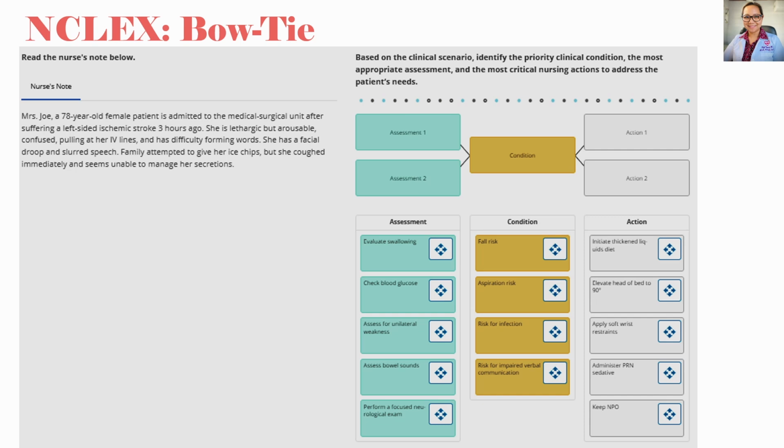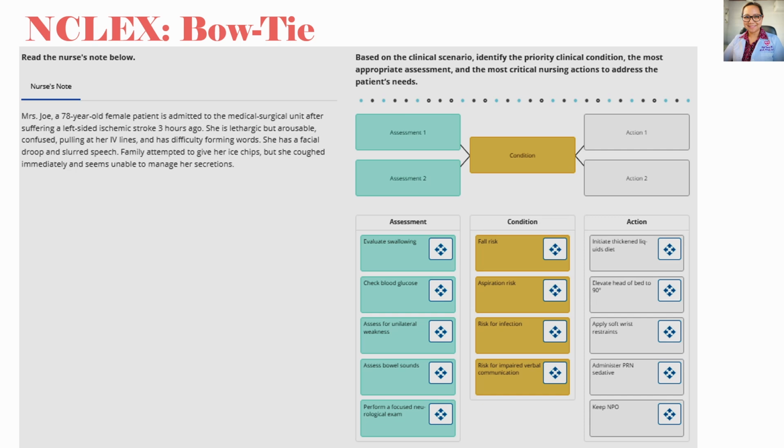It's asking us, based on the clinical scenario, to identify the priority clinical condition, the most appropriate assessment, and the most critical nursing actions to address the patient's needs. Some important keywords here are priority, clinical condition, most appropriate, and most critical.